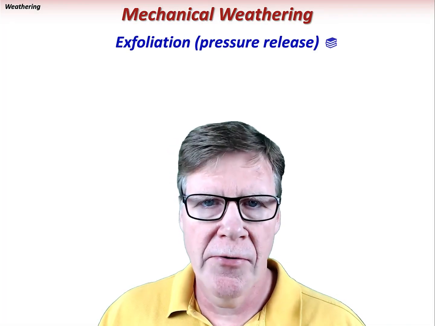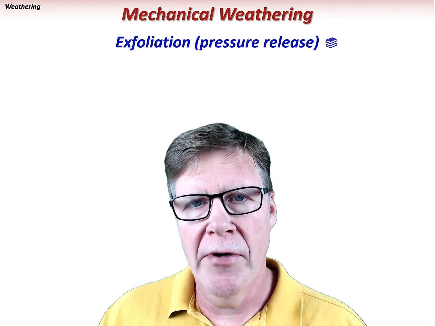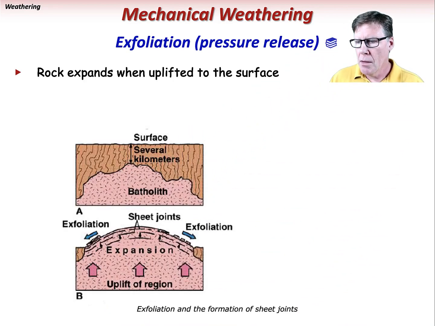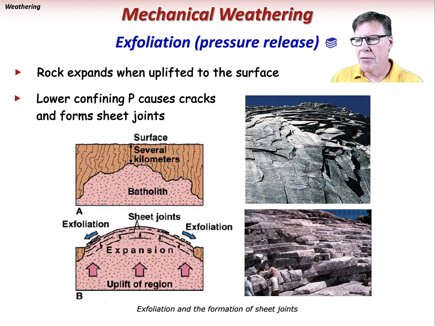Exfoliation, or pressure release, is another mechanical weathering process. This occurs when a large mass of rock with rather uniform composition, like a granitic pluton, is uplifted to the surface. The decreased confining pressure causes cracks, fractures, and sheet joints to form parallel to the unloading surface, usually the ground surface.